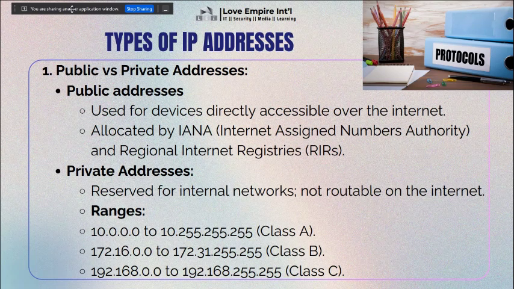The public IP addresses are used by devices that have direct access to the internet, and they are allocated by the Internet Assigned Numbers Authority. This is an organization that assigns IP addresses to devices.